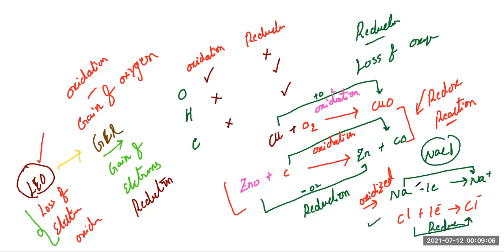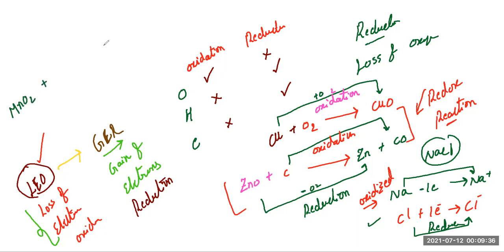So we have seen in terms of oxygen and we have seen in terms of electrons also. Let's see in terms of hydrogen what will happen and how the reaction will appear, right guys? Let's take an example of manganese oxide, MnO2.